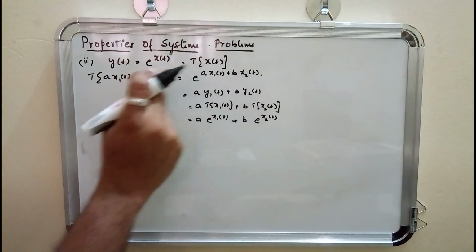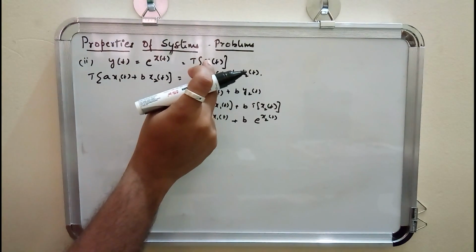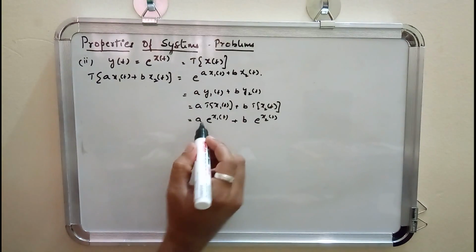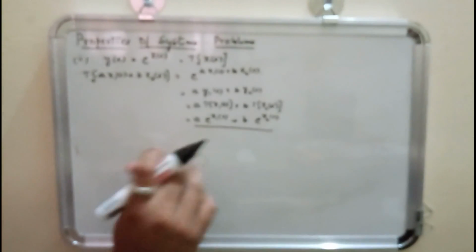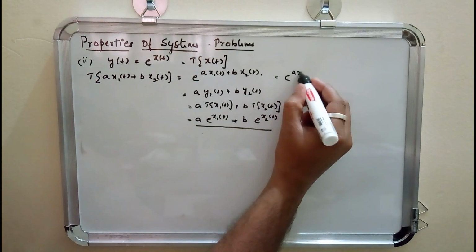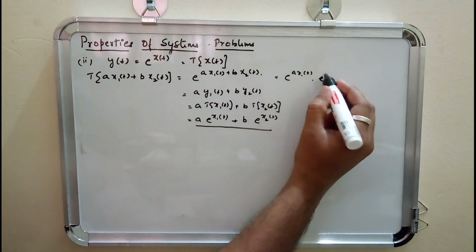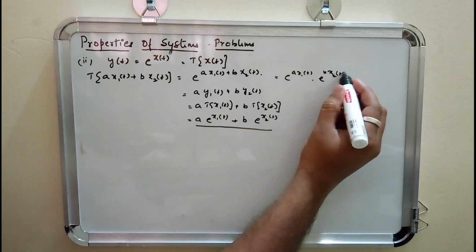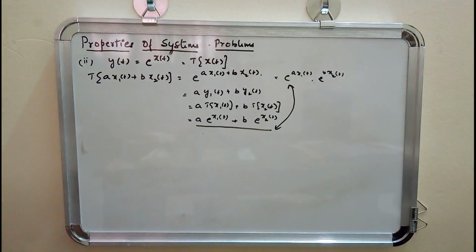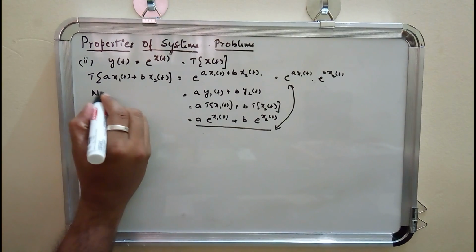Wherever you have x of t, replace it by x1 and x2, and you get this. So I should be getting this on the right hand side, but what I get here is e power a x1 of t into e power b x2 of t, which is not the same. So the system is non-linear.